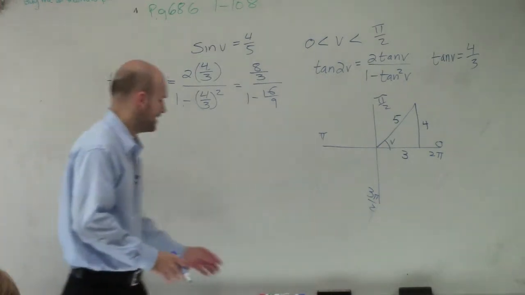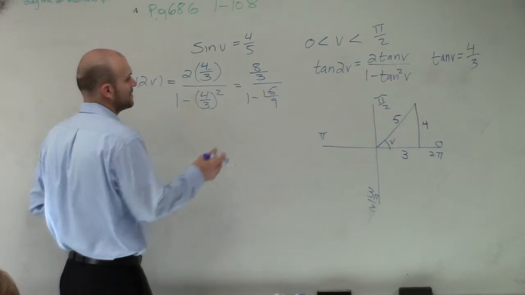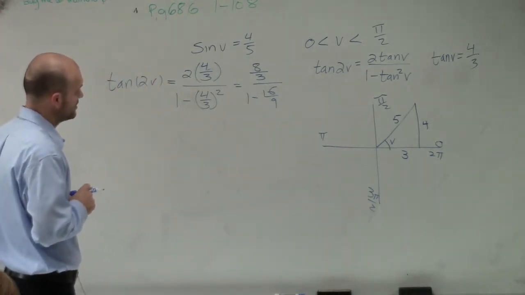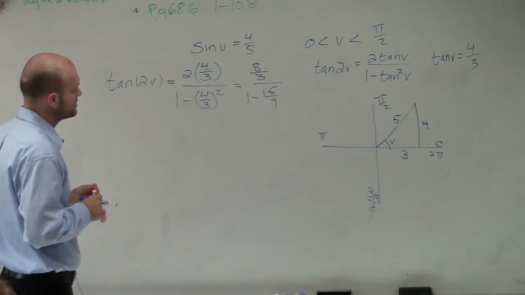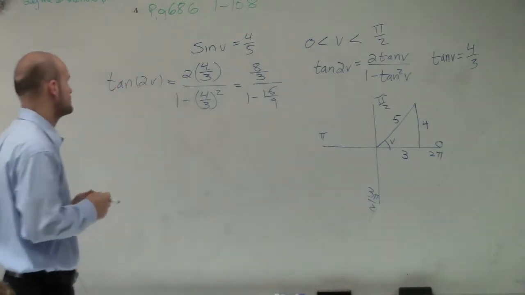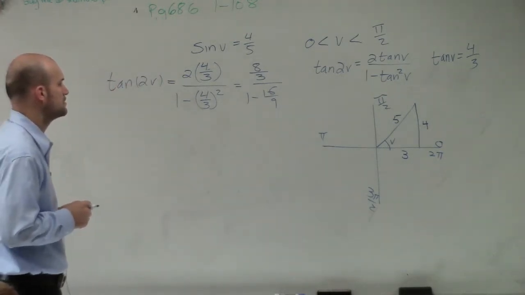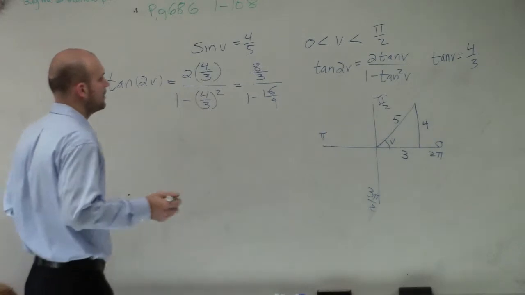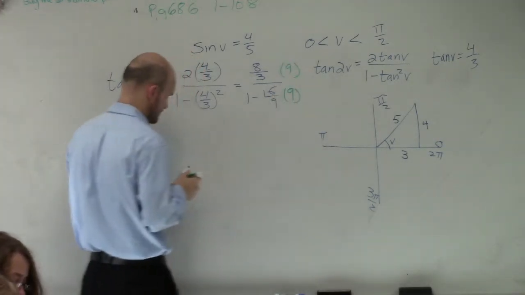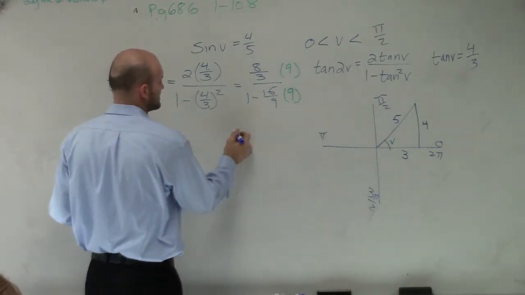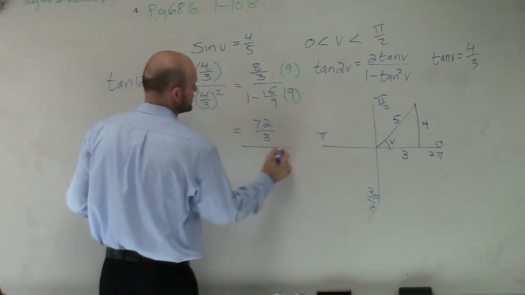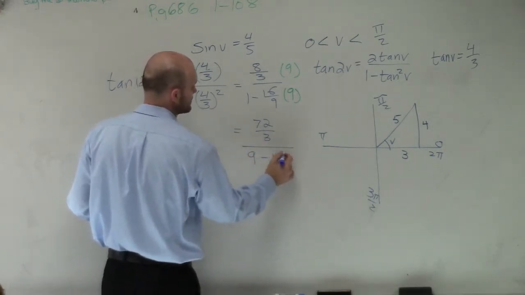Right? Then I have to get them to be common denominators. Actually, you know what I'll do is let's multiply. I'll multiply by 9 on the top and bottom. Therefore, when multiplying by 9 on the top and bottom, what I end up getting is 72 over 3 divided by 9 minus 16.